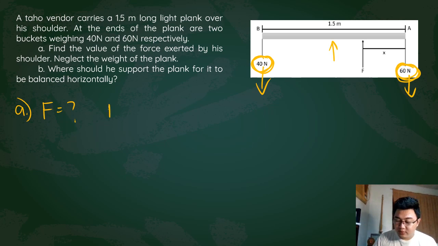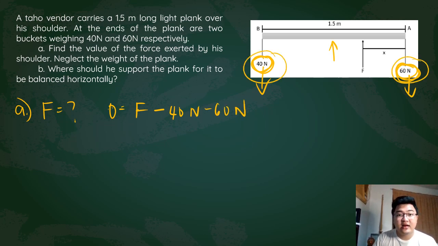Since we know that it's in equilibrium, we can conclude that the net force is equal to 0, and we have the positive force that is unknown minus 40 newtons minus 60 newtons, because these two are directed downward and this is directed upward. So we need to solve for that force.